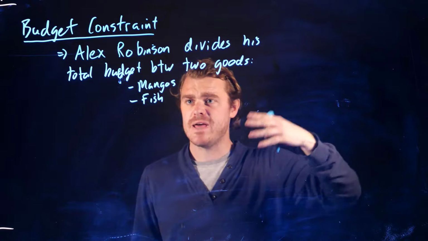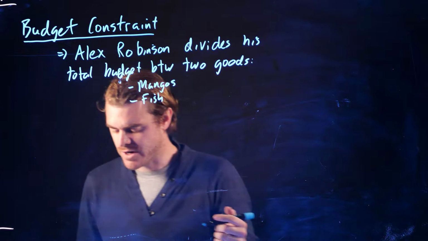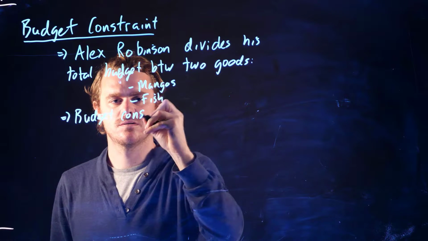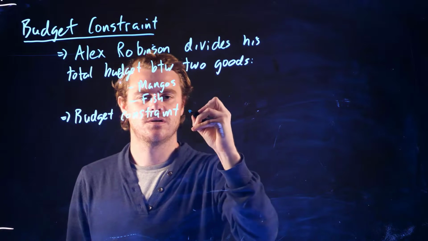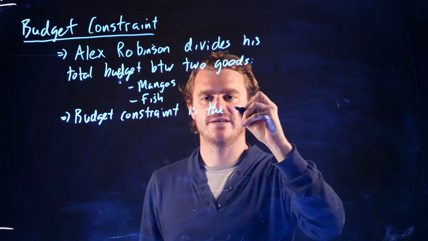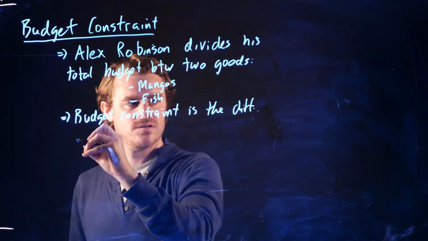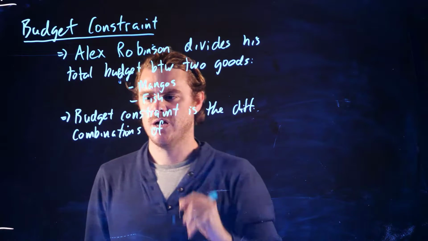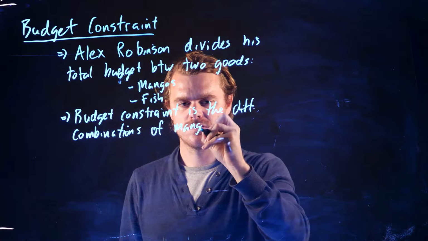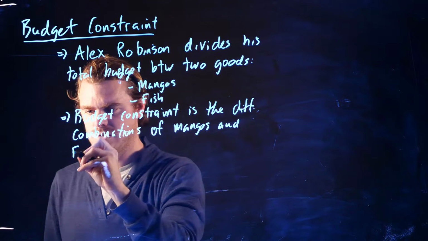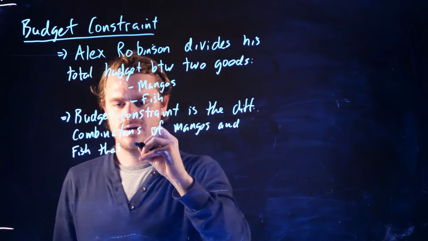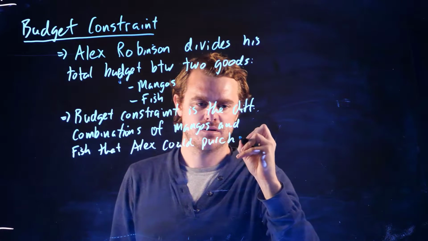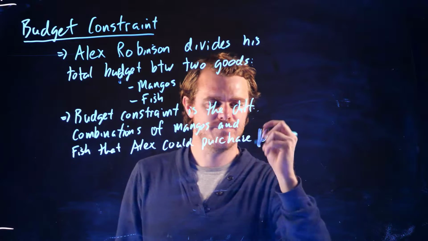And so he's spending his entire budget on these two goods, and so we're going to think of the budget constraint as the different combinations of mangoes and fish that Alex could purchase, and we're going to assume that means he's going to consume them.